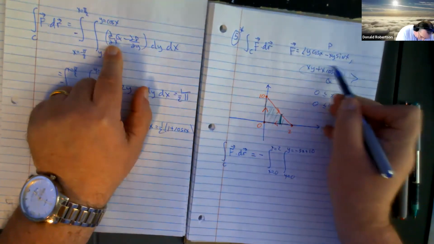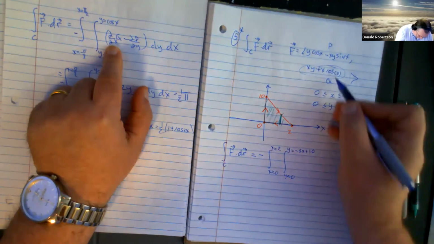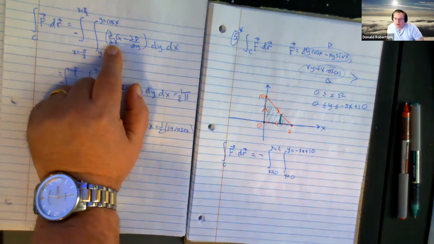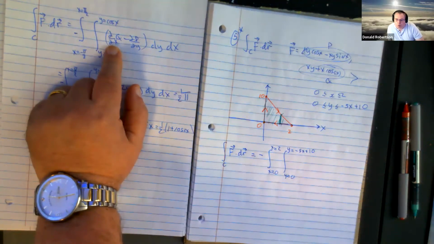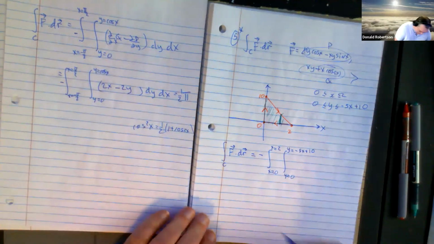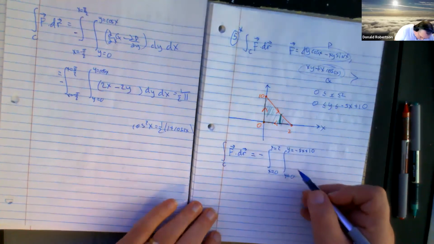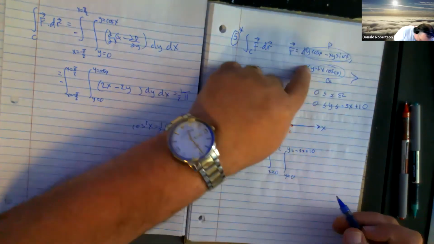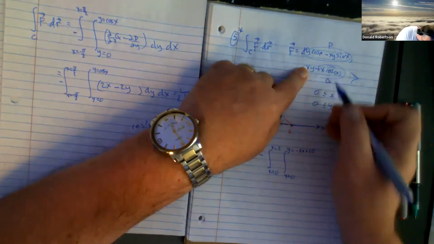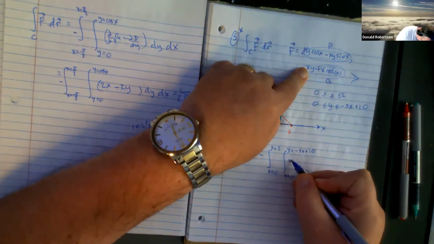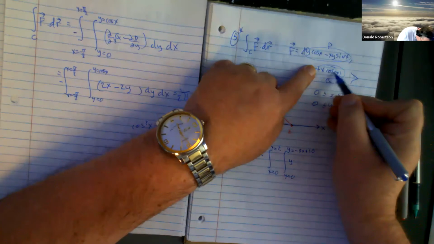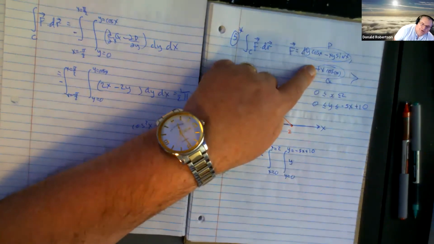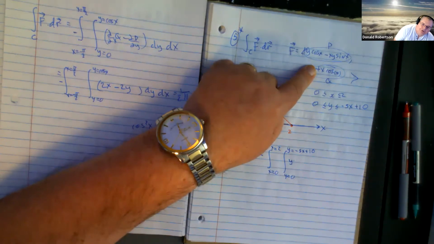Differentiate this guy with respect to x, take away, differentiate this guy with respect to y. Okay. Let's go for the first one. If you differentiate this guy with respect to x, you'll get y. And if you do this guy with respect to x, you're going to have to do a product rule, so you're going to have to do an f'g plus fg' and all that stuff.